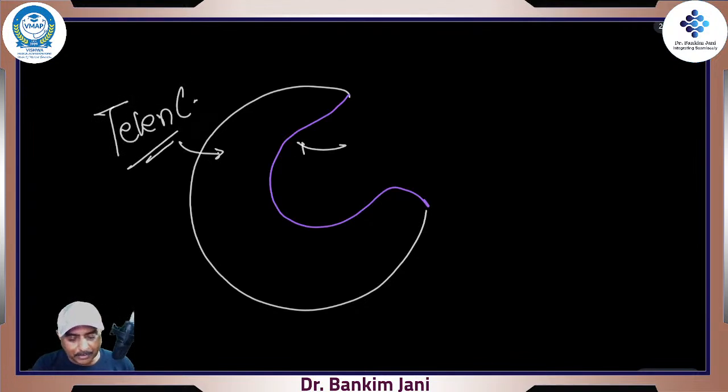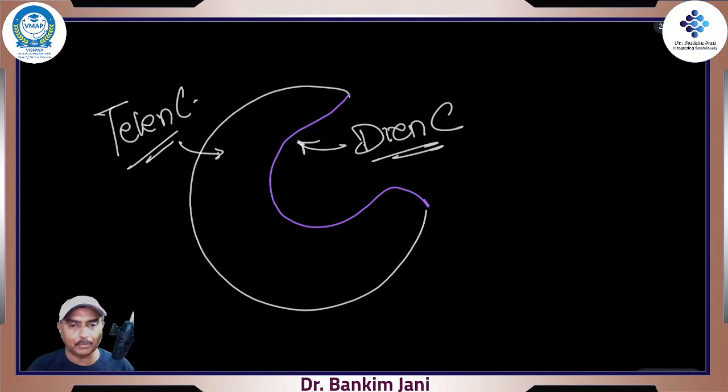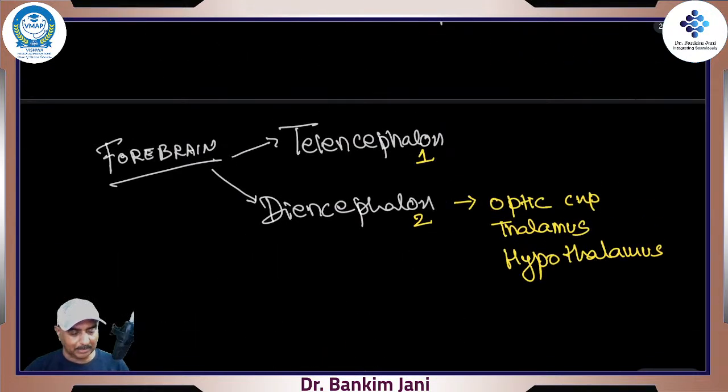And this inner one is the diencephalon. Both are part of the forebrain only. So this telencephalon gradually takes over the diencephalon. So telencephalon will be forming what? Yes, you are right. That is cerebral hemisphere.